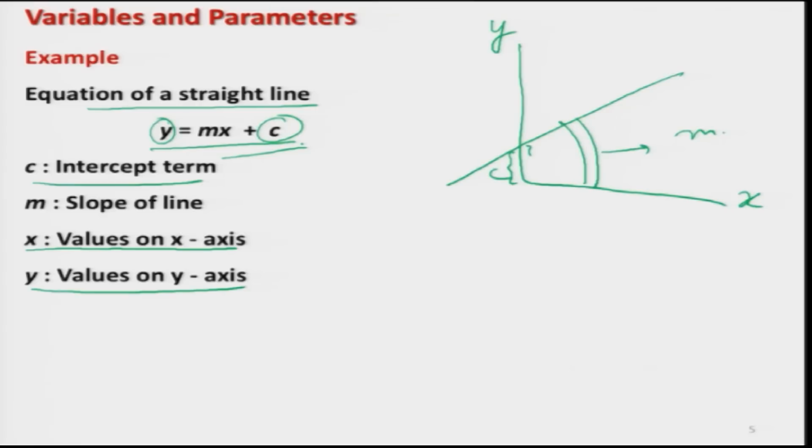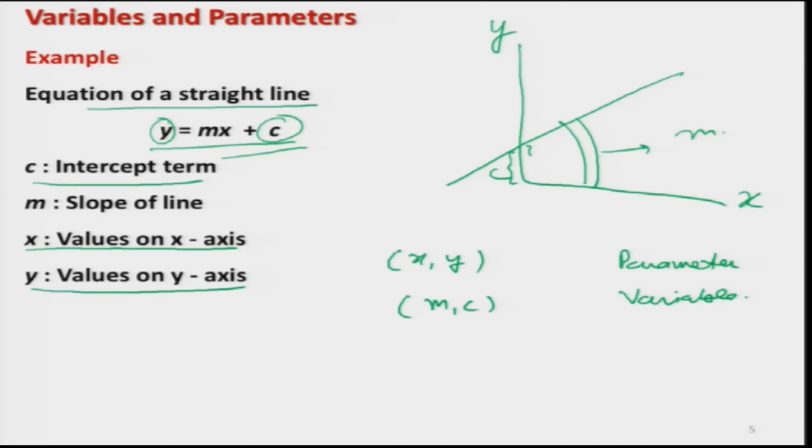Now, in this equation, there are two options which I can explain here. One is x and y, and second is m and c. Out of this, one set is representing parameter and another set is representing variable.